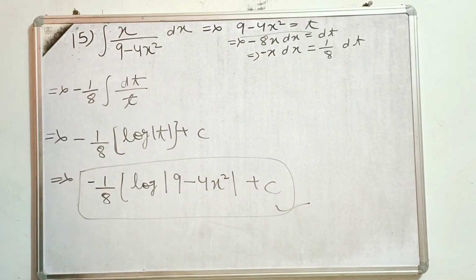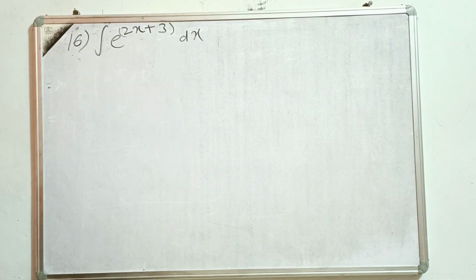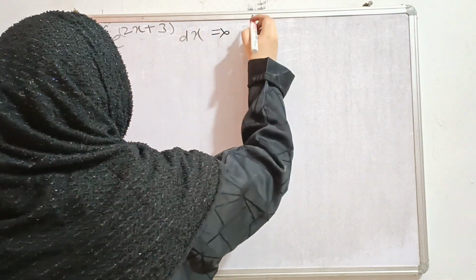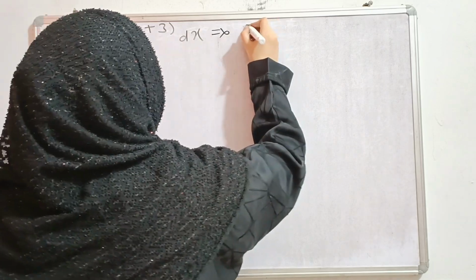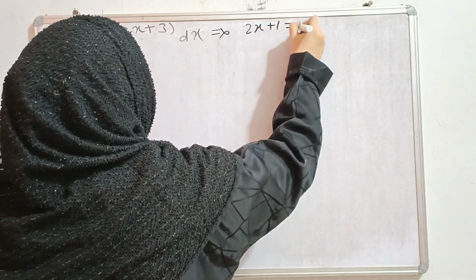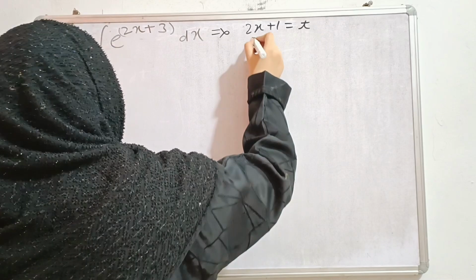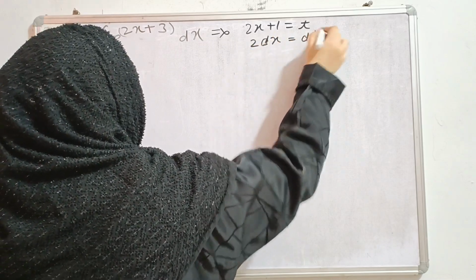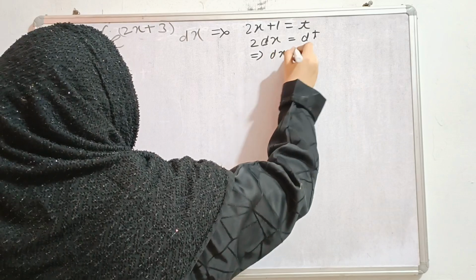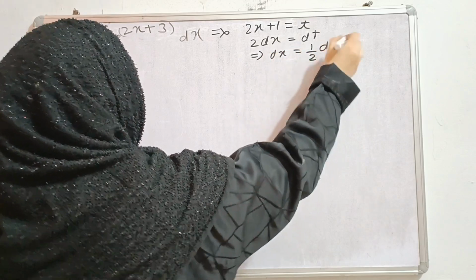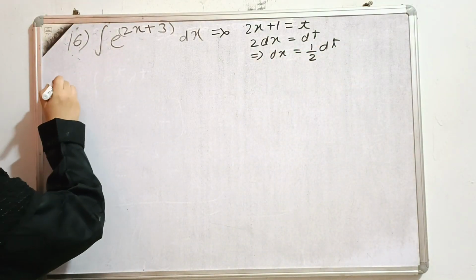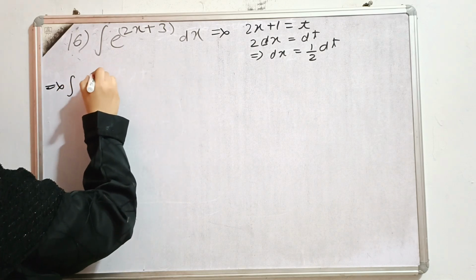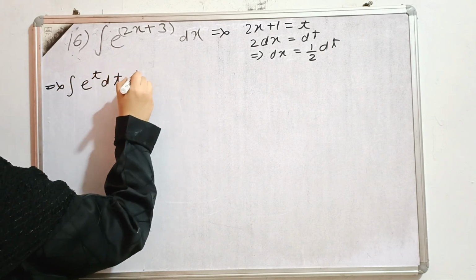Question number 16. We know that the integration of this is e to the t, so 2x plus 3 equal to t, so 2 dx equal to dt, so dx equal to 1 upon 2 dt. Substituting the value in this integral, we get integral of e to the t times 1 upon 2 dt.